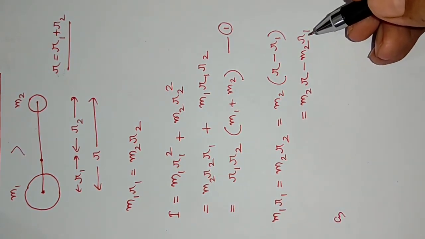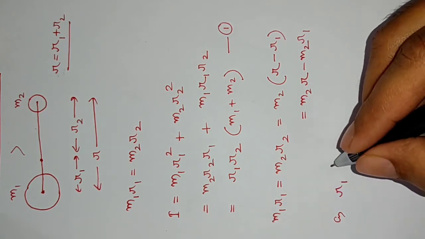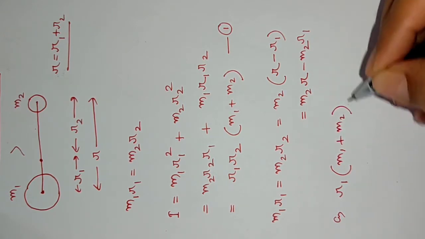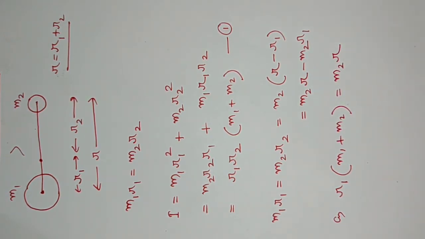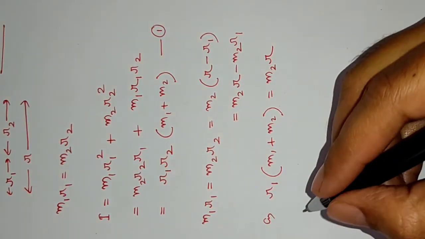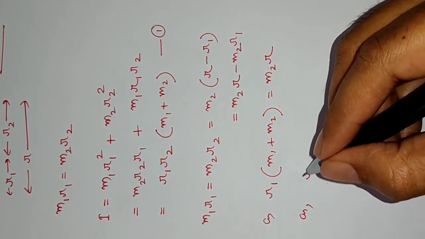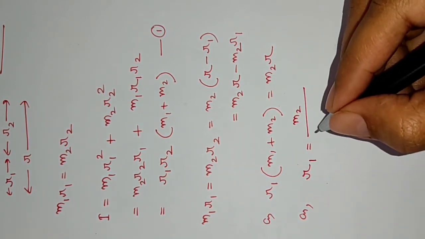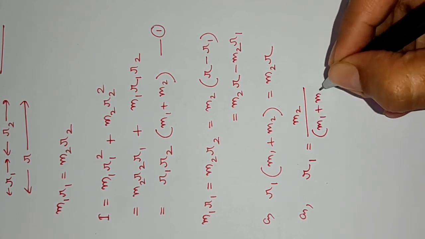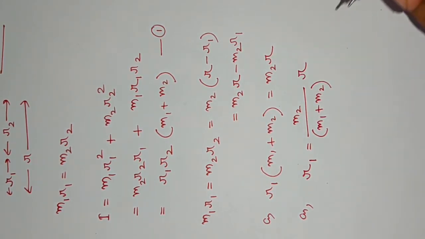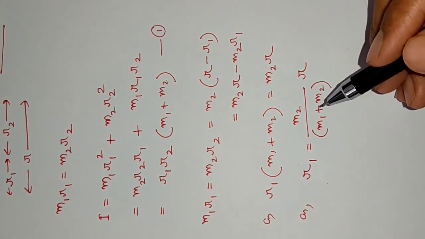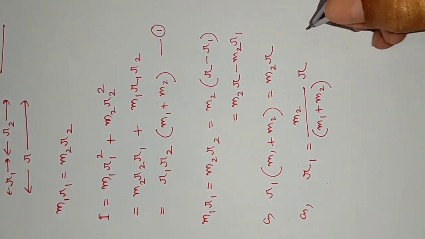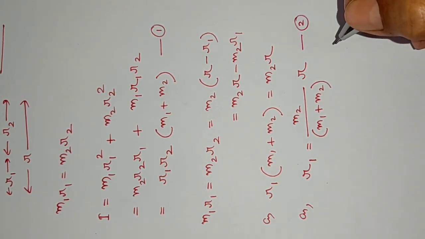Then we will have r1 common, here it is m1, here it will be m2, so m1 plus m2 times r1 equals m2 r, or r1 equals m2 by m1 plus m2 into r. This is the relation between r1 and the bond length. So this is equation 2.